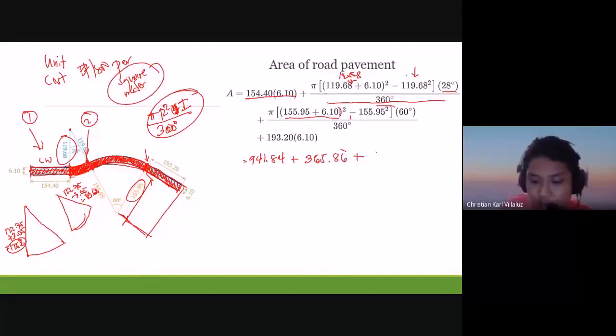The second is 1,015.68. Class, there is a correction in the module, so I will update that later and send a new copy because of the correction in this part. So, 193.2 times 6.1 is 1178.